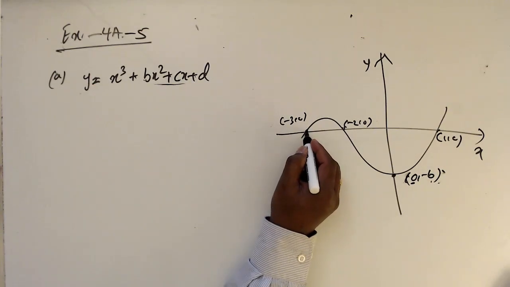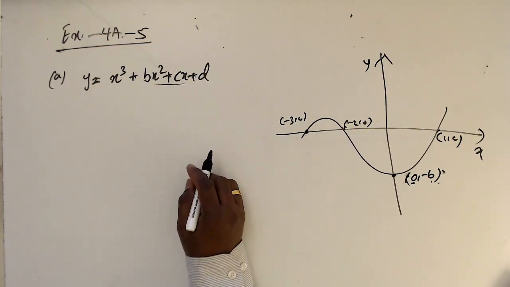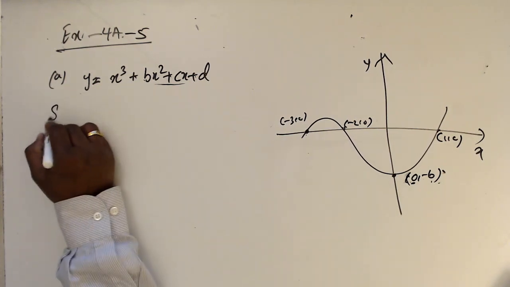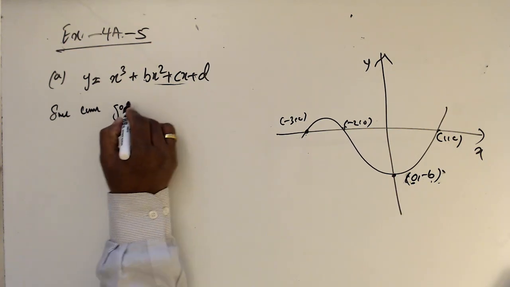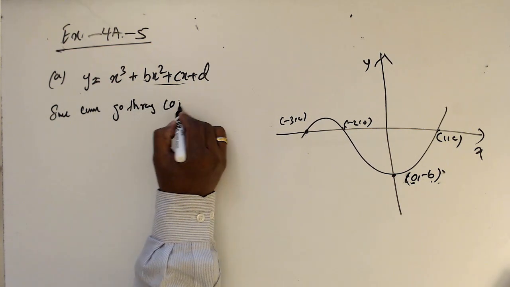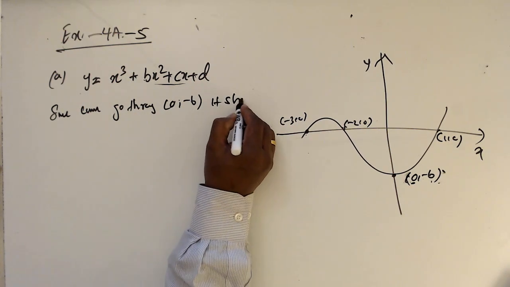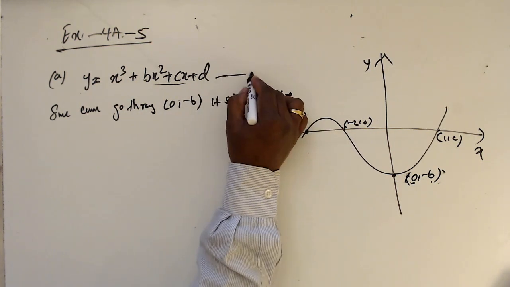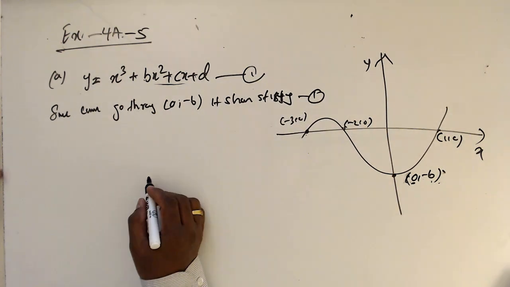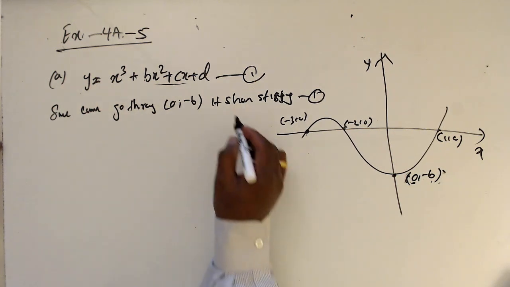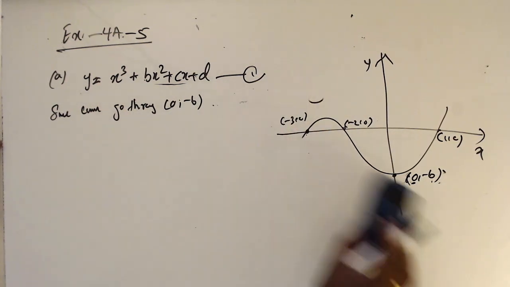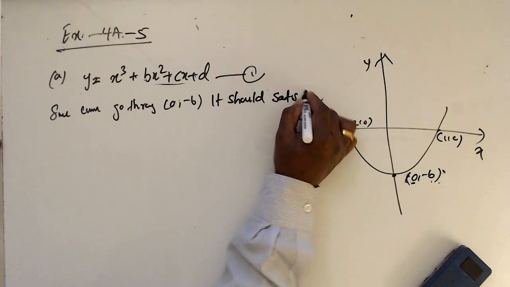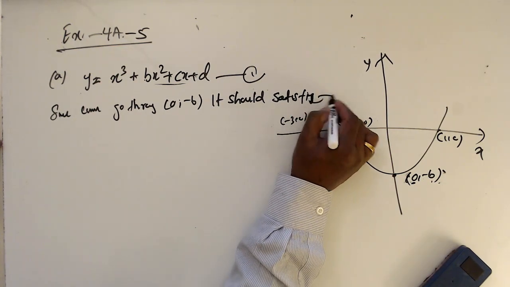Since the curve goes through 0, minus 6, it should satisfy the equation.